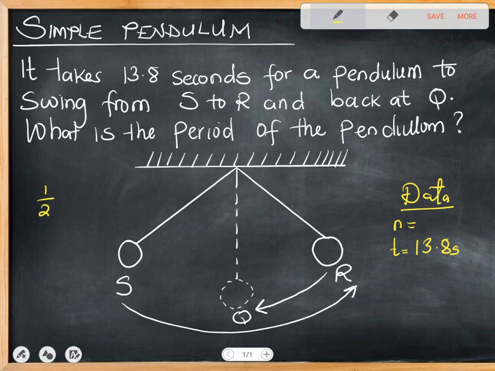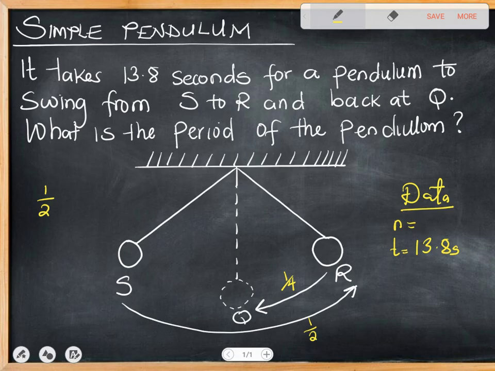Now, if from S to R is half, what of, let's say, from S to Q, or from Q to R, or just from R to Q, or just from Q to S? It is half of half. What is half of half? Quarter. So this is a quarter oscillation. And from there to there, it's a half.